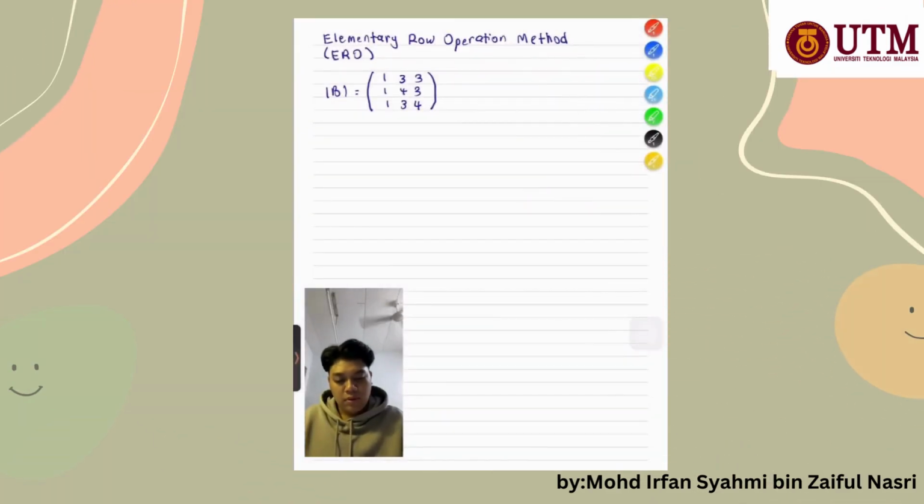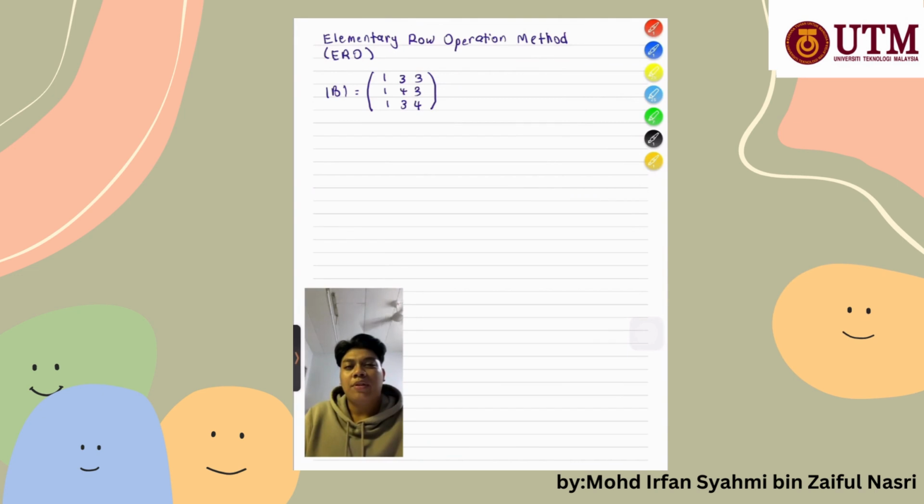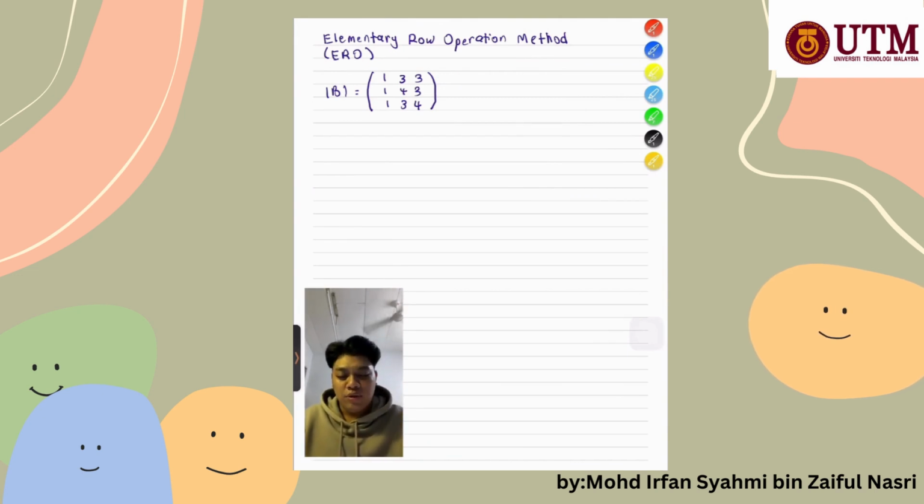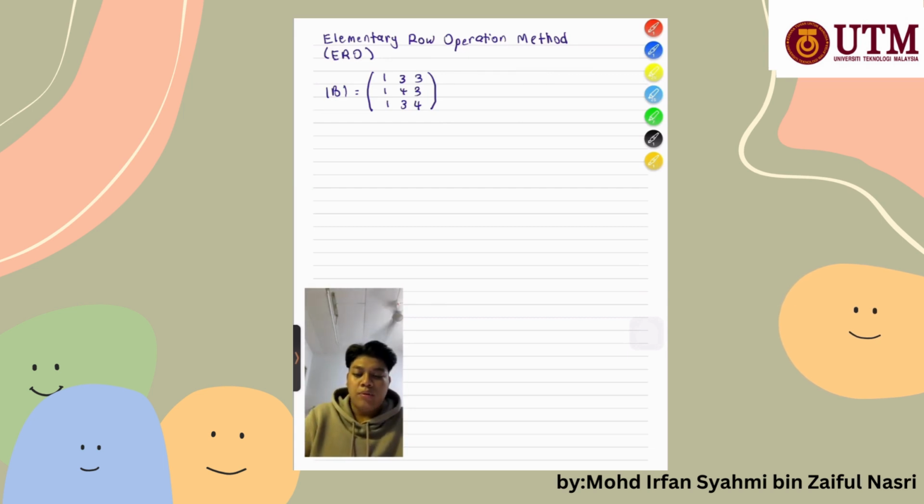So my name is Muhammad Fajarul Rizafin. Today I'm going to teach you how to solve matrices by using the arrow method, which is elementary row operation. If we have a 3 by 3 matrix, which is 1, 3, 3 for the first row, 1, 4, 3 for the second row, and 1, 3, 4 for the last row.